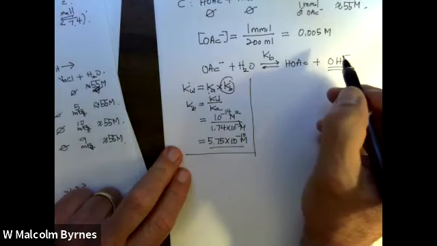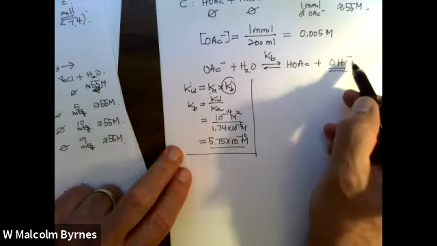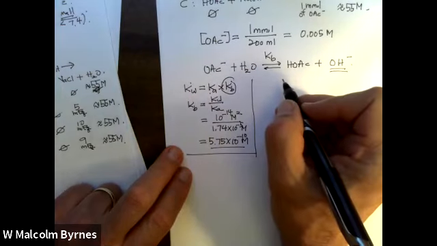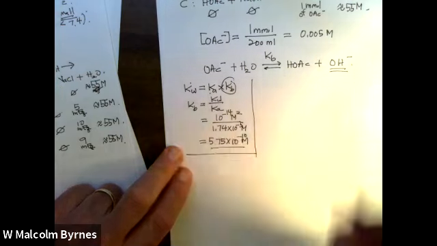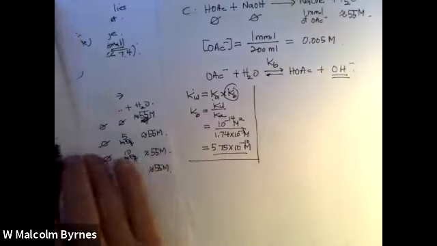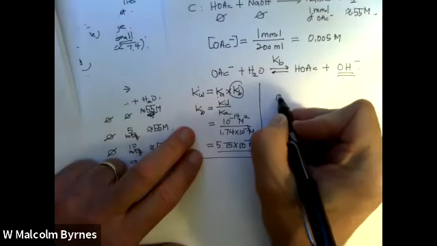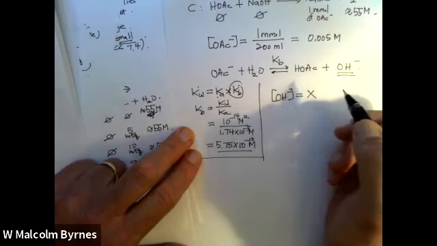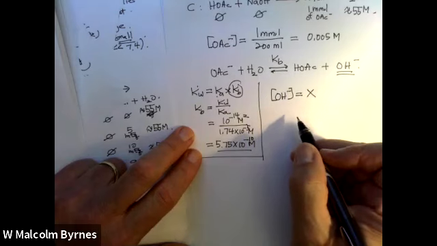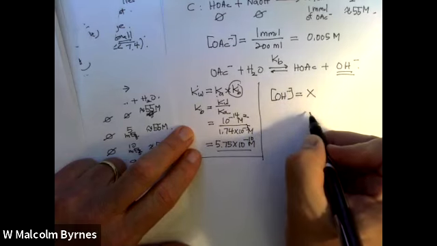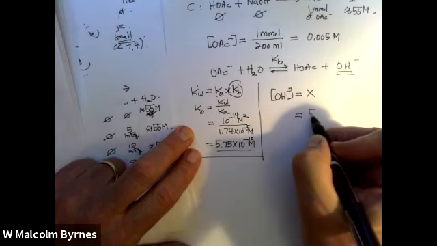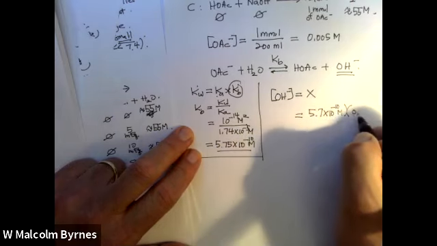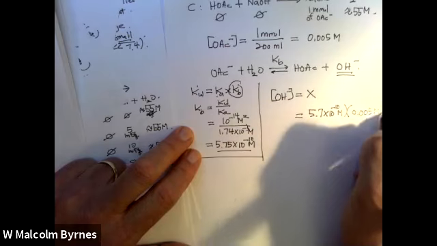Now, to find out what the pH is, what you have to find is the pOH, and to do that, you have to use the base dissociation constant expression. We worked this out earlier, so I'm just going to rely on what we did before. We know that the OH minus ion concentration is equal to x, which is the square root of Kb times 0.005 molar.